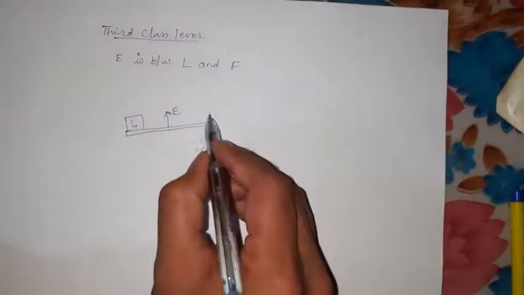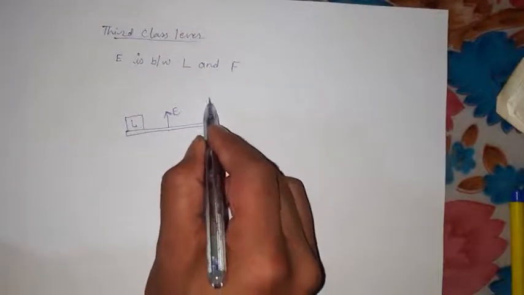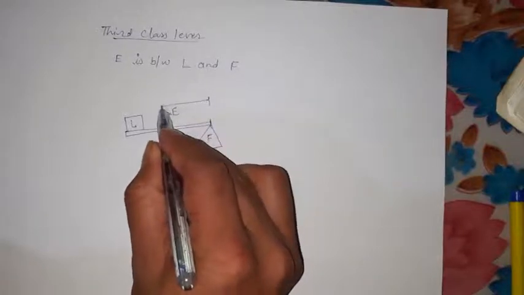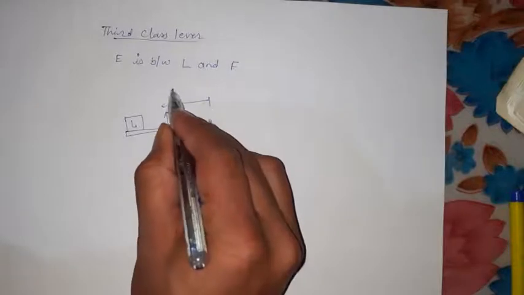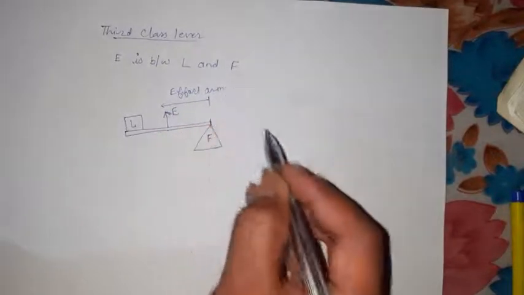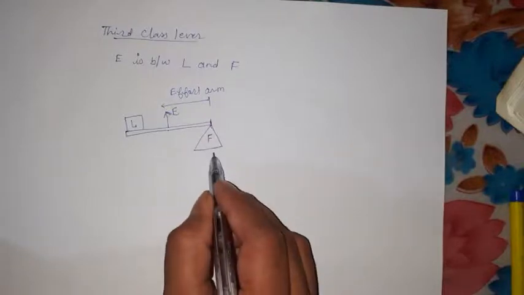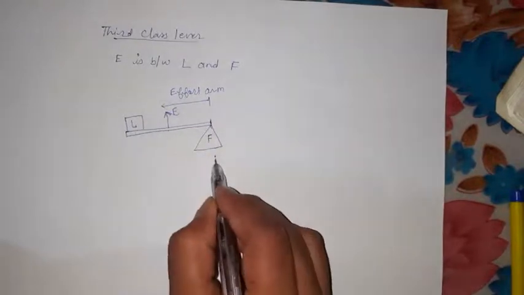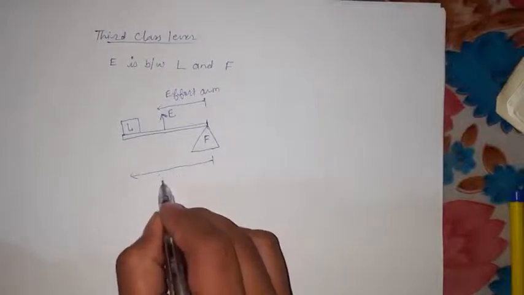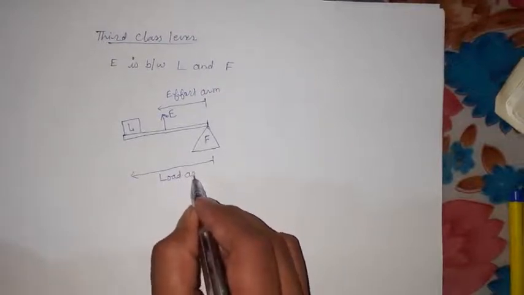Now, as we know, the measurement starts from the fulcrum, so the distance of the effort from the fulcrum we call the effort arm, and the distance of the load from the fulcrum we call the load arm.